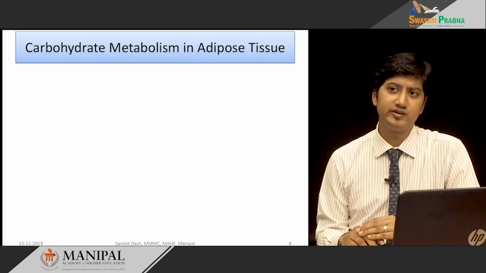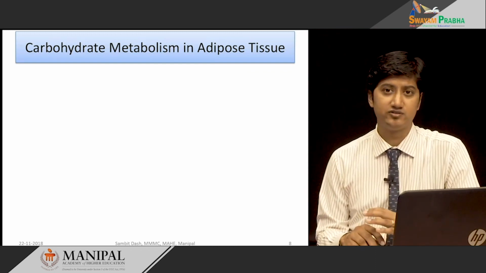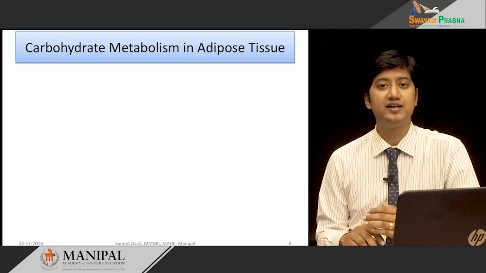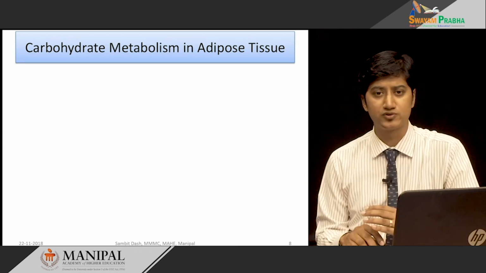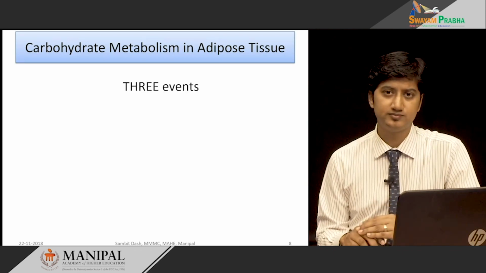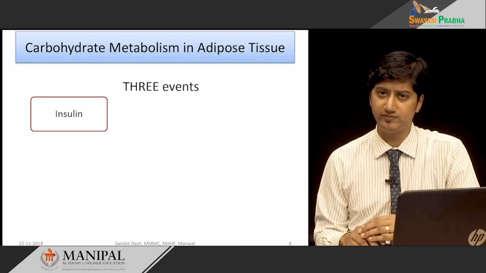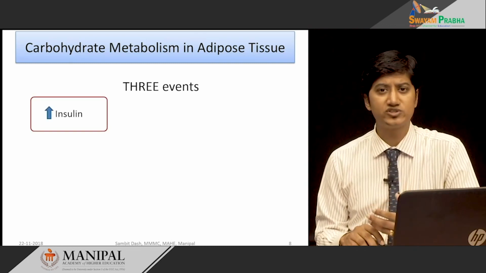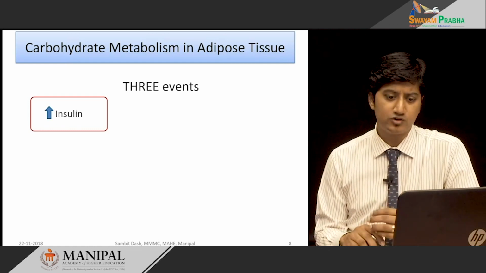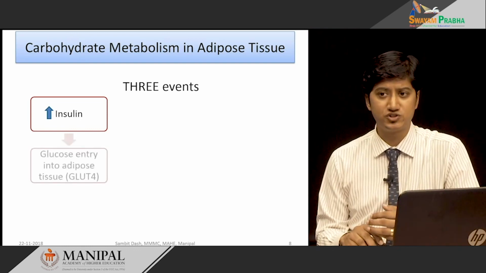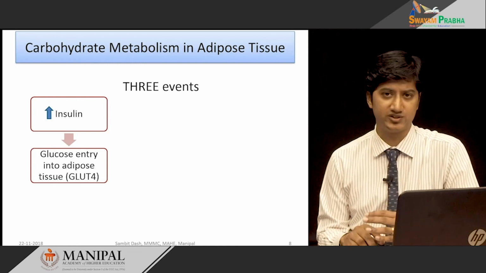Firstly, carbohydrate metabolism in adipose tissue. Three events occur in an absorptive state regarding glucose in adipose tissue. Firstly, under the influence of insulin, which is elevated in a post-absorptive state, that is after you have eaten food, glucose enters adipose tissues via the insulin sensitive GLUT4 receptors.